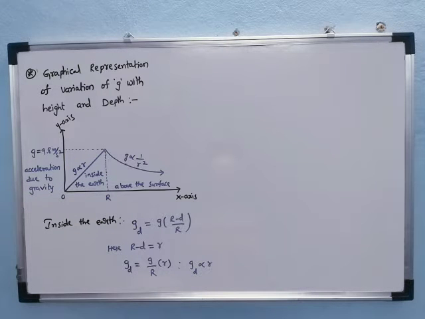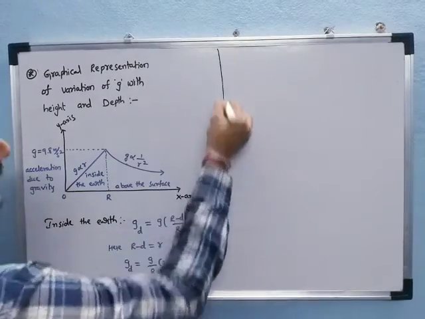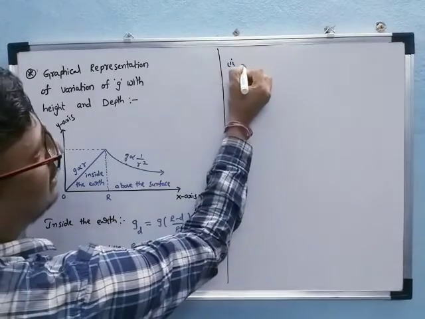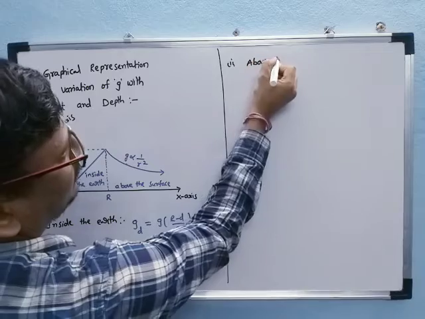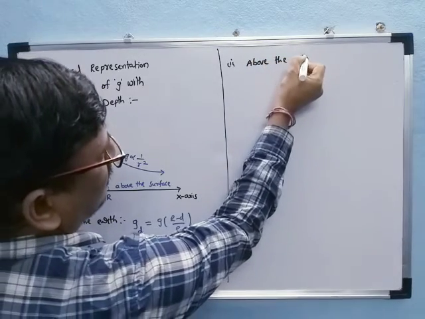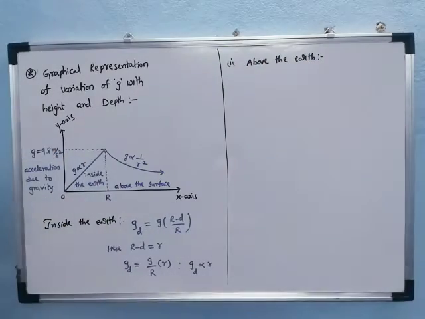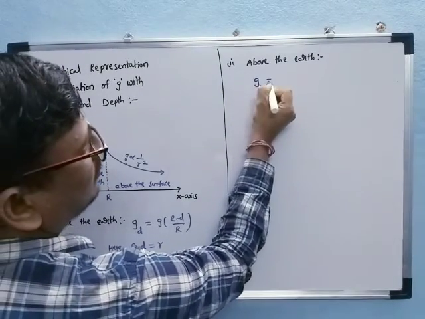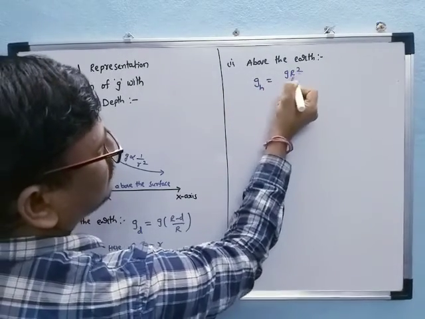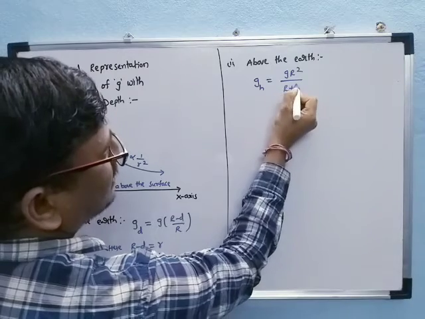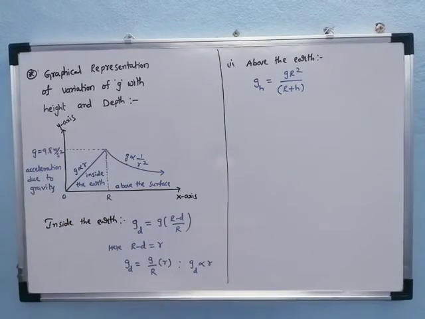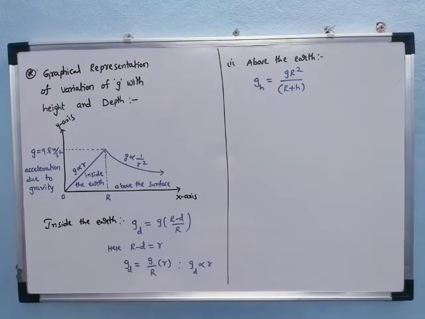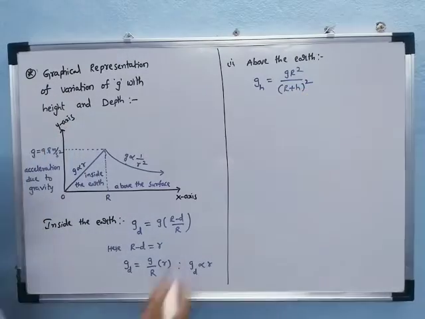After that we take above the Earth. What is the formula for above the Earth? The acceleration due to gravity at height, g_h, is equal to g into R square by (R plus h) whole square.